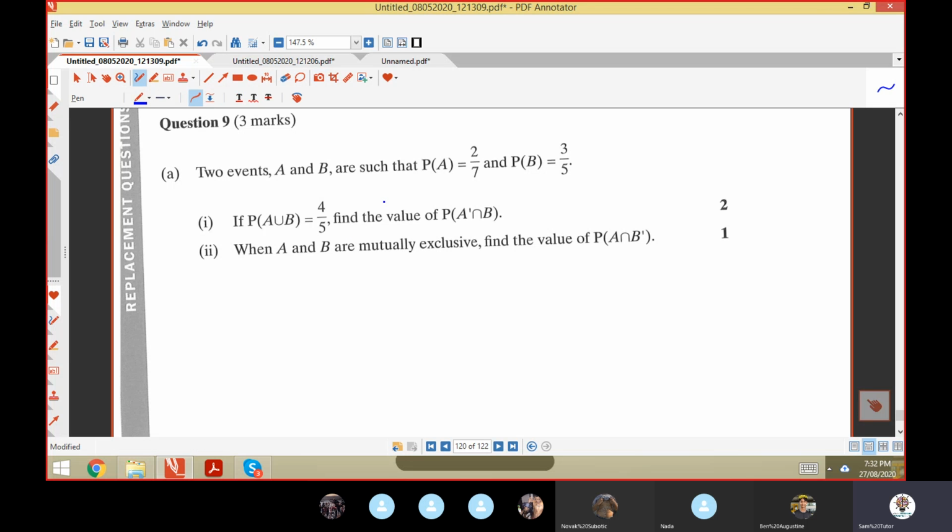Two events A and B are such that the probability of A or B is 4 over 5.